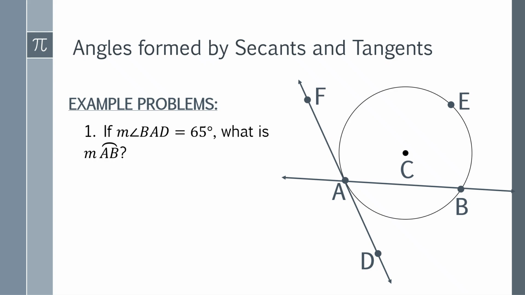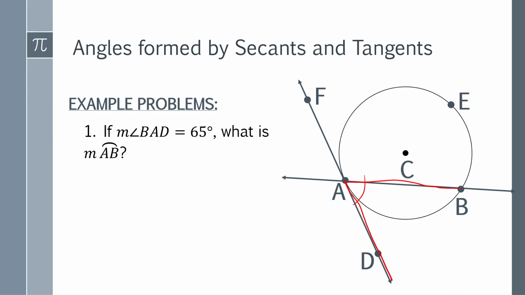On this problem, let's say this is angle BAD. So, you have to label or locate the angle which is BAD. Now, this is your angle and your intercepted arc here is arc AB.